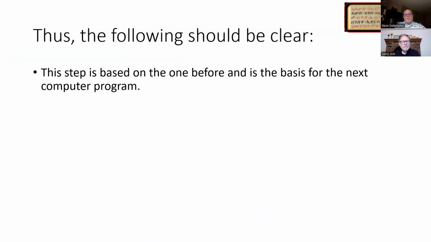And so we'll point out this step is based on the one before, as in the computer script based on the one before. And then this script that we've been describing forms the basis for the next script in the process. And all that goes to establish that this workflow involves not just one step.